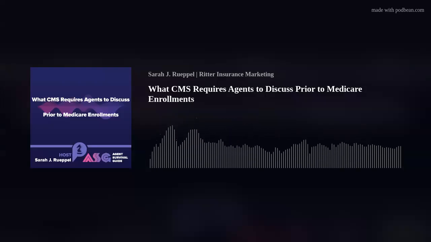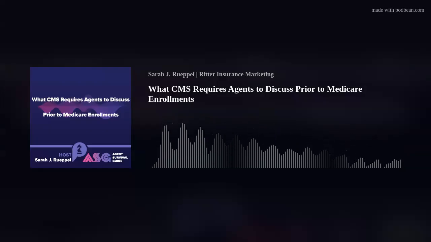You will also need to cover the evidence of coverage and Medicare pre-enrollment checklist. The pre-enrollment checklist is a standardized piece that aims to help enrollees understand important plan benefits and rules. You may find it included with the summary of benefits as part of the carrier's enrollment kit.